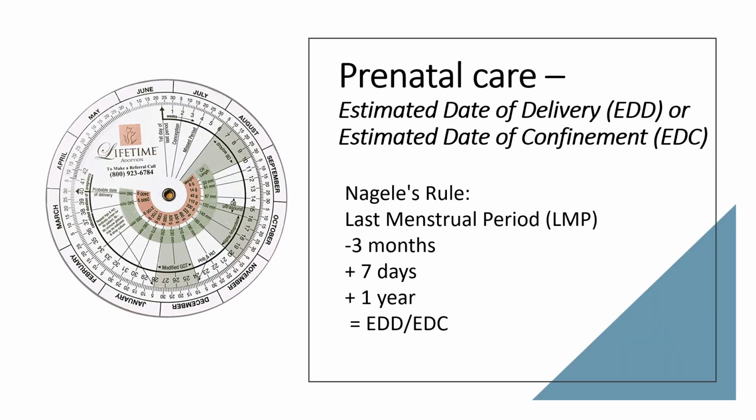All right, so one of the things that we do need to know, first and foremost, as part of the prenatal intake, is to determine her EDD, her estimated date of delivery, also known as estimated date of confinement. I think most of you guys will see EDD more, but you will see them used interchangeably depending on where you work.